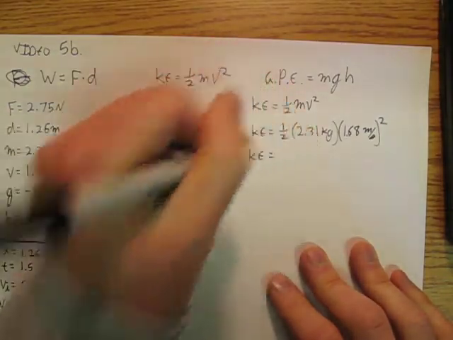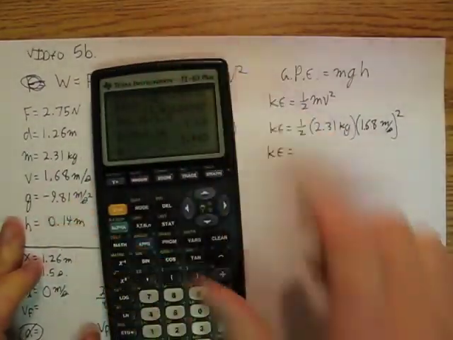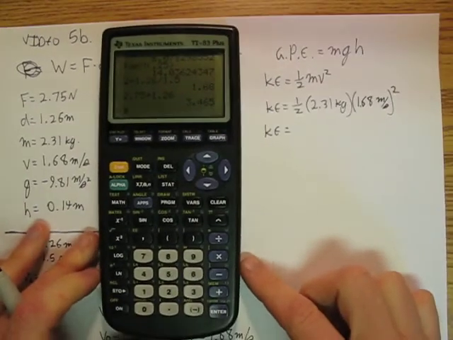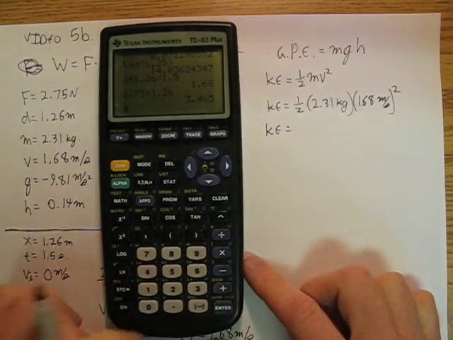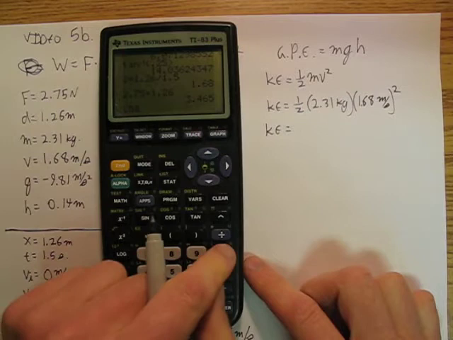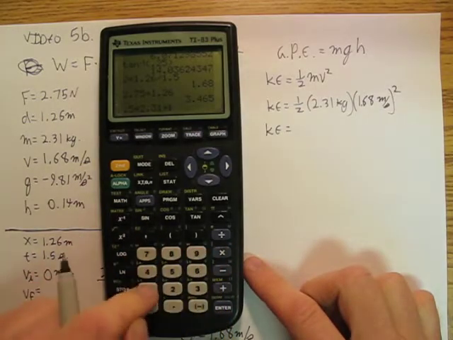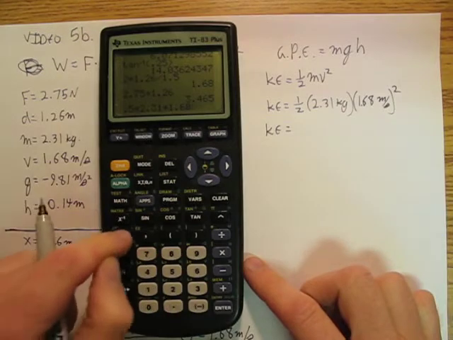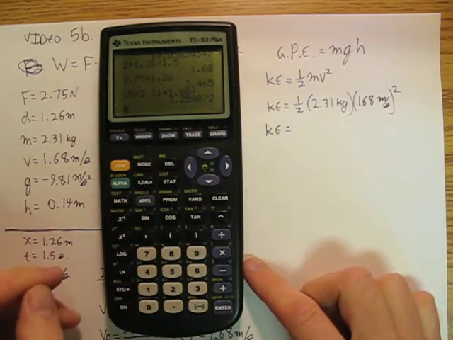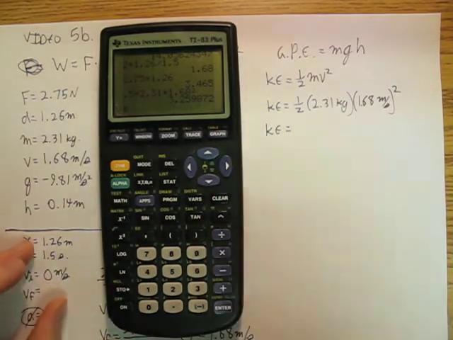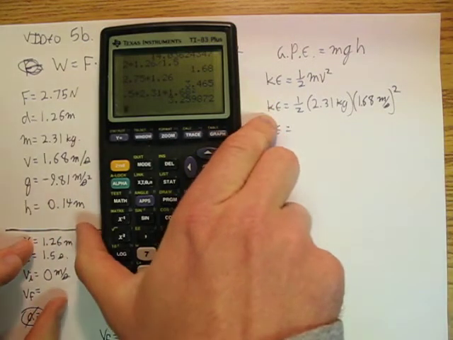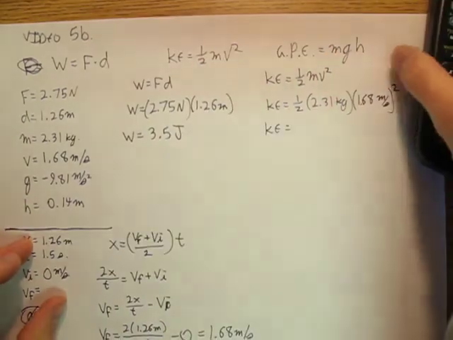Please always remember to square when you do the calculations. So I'm going to do 0.5 times 2.31 times 1.68 squared, and I'm going to come up with 3.26. So I'm going to call it 3.3 joules.